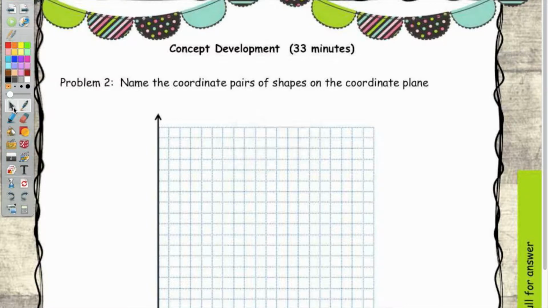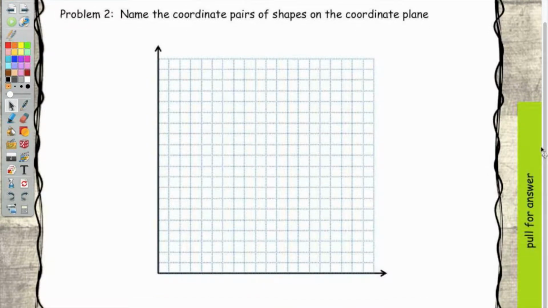So let's take a look at this coordinate plane. It's also called a coordinate grid, okay? It's all set up for us and everything. All we're going to do is label the two number lines with our whole numbers and X and Y. So go ahead and label your X and Y first. And it's okay with me if you go ahead and write a capital Y to help you remember, okay?